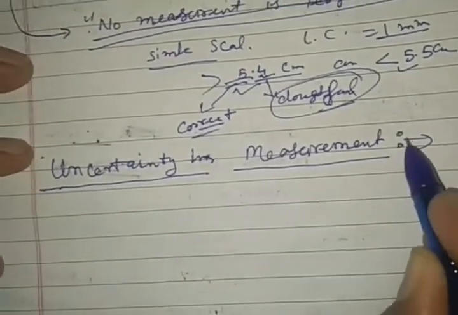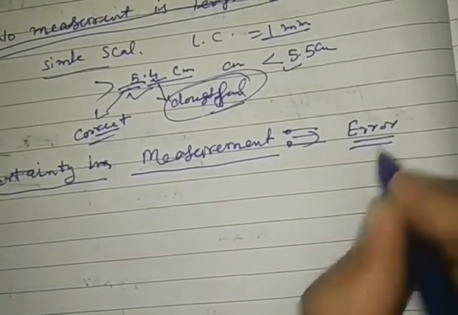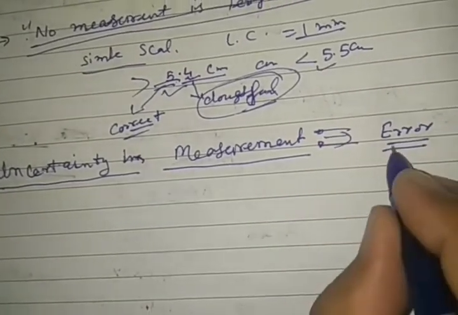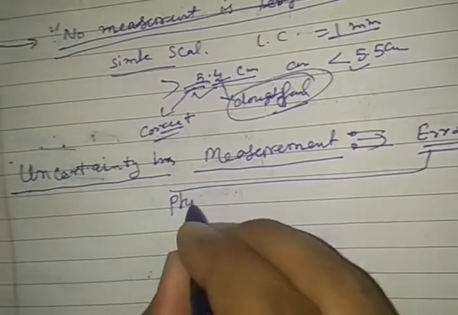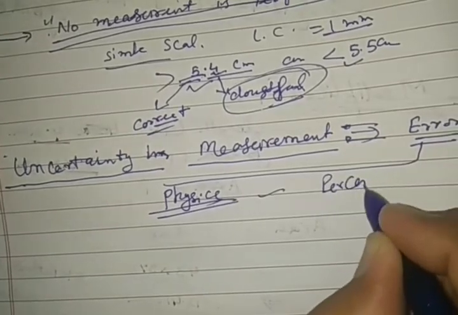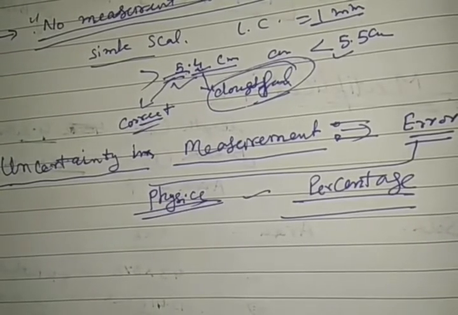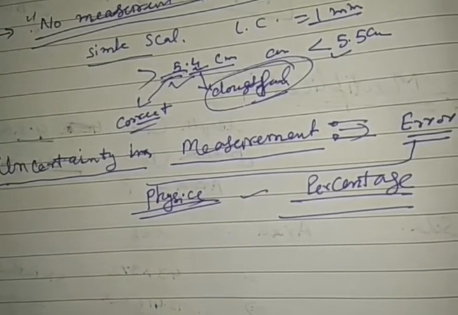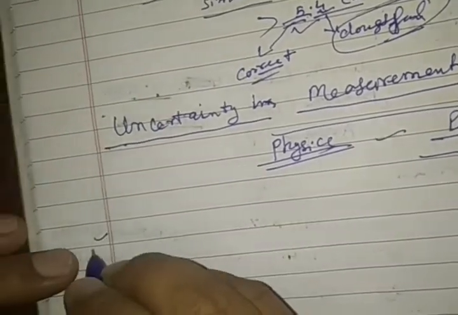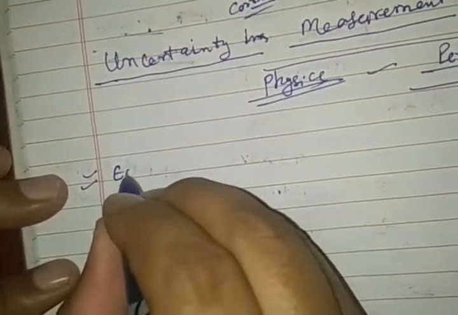The uncertainty in measurement is called error, and in physics this error is represented in terms of percentage. To explain this error in a more simplified way, let us take an example.